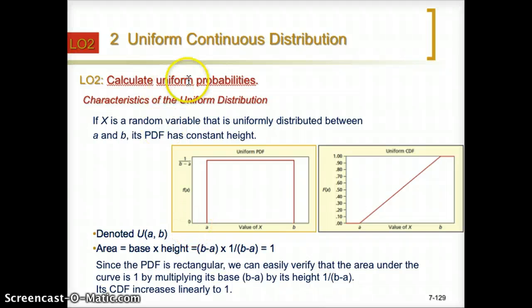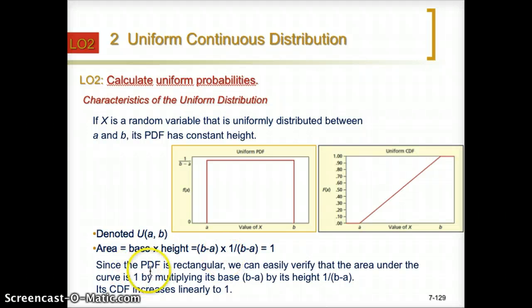So for the uniform continuous distribution, the area will be equal to the base times the height. For the base, that will be b minus a, and for the height, that will be 1 divided by b minus a. So totally it will be equal to 1.